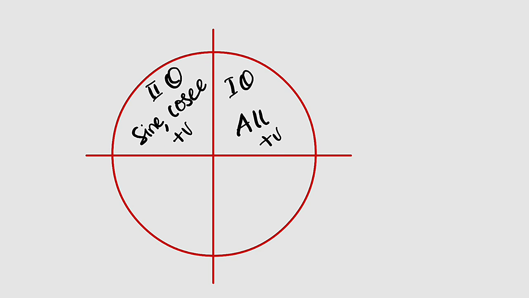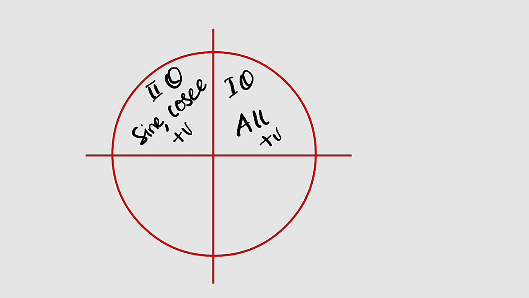But if you come here, only this leg is positive. This will be negative. I remember that y depends on sine. So sine and its reciprocal will be positive here. So if you come here, you can see that this and this are negative. So sine and cosine will be negative. But remember that tangent is a ratio of sine and cosine.